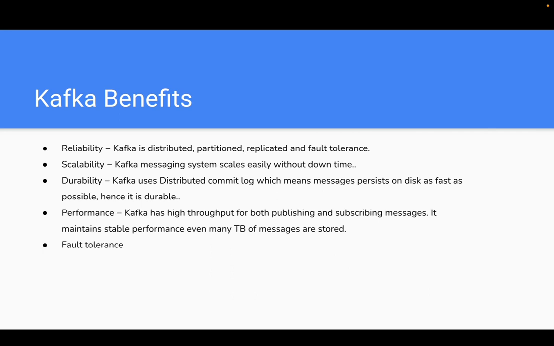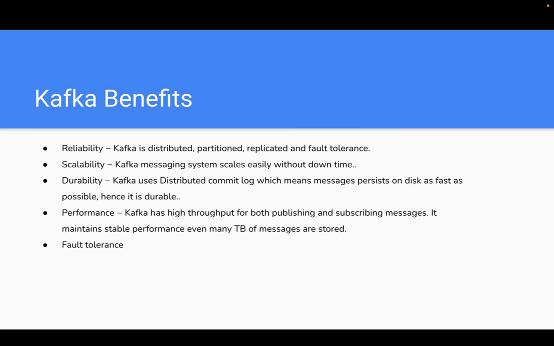So reliability: how is it more reliable? As we know, Kafka provides a distributed queue, unlike, say, an AWS queue or anything else. We are running our services on multiple containers, so if one of the containers is down, the other containers will still be working, so that your service is considered more reliable.